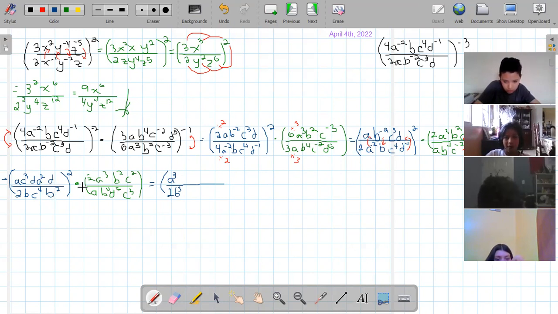Where am I subtracting? In the denominator, because you subtract wherever the exponent is greater. Okay, so 4 minus 3.